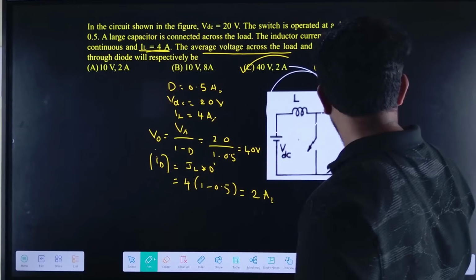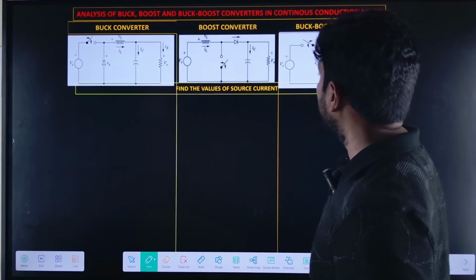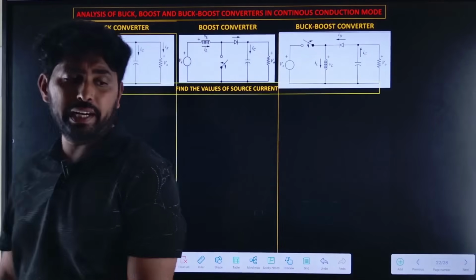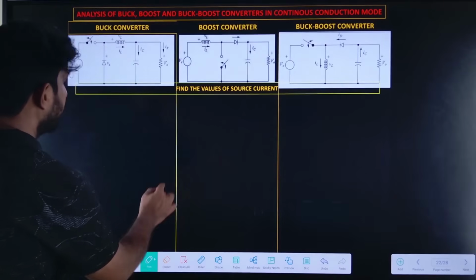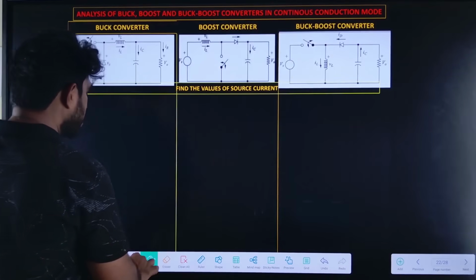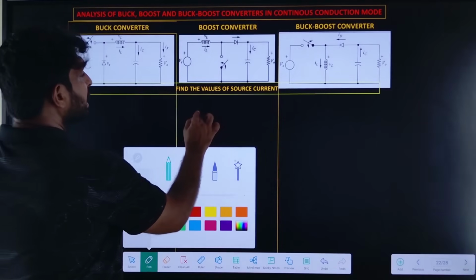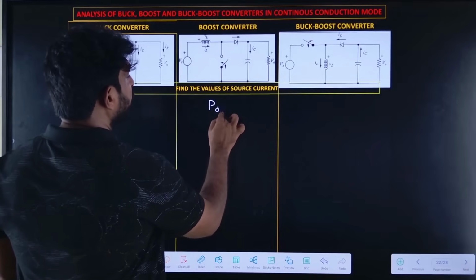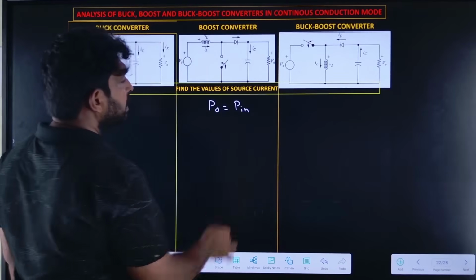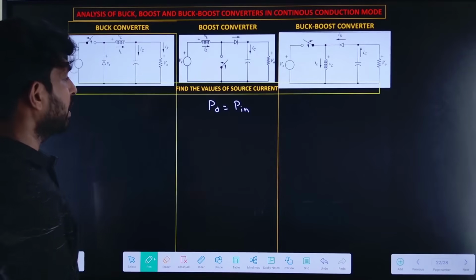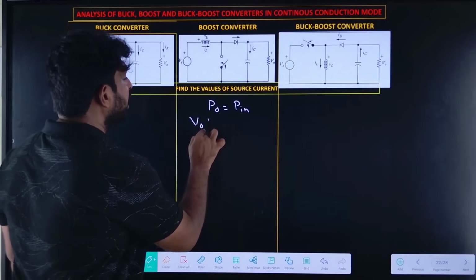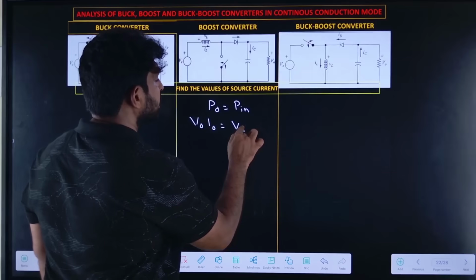Now let us solve the next question. Find the value of the source current. How can we find the source current? It is very easy. Here we are assuming that the converter is operating in ideal condition, so that output power is equal to input power. So V naught into I naught equals Vs into Is.